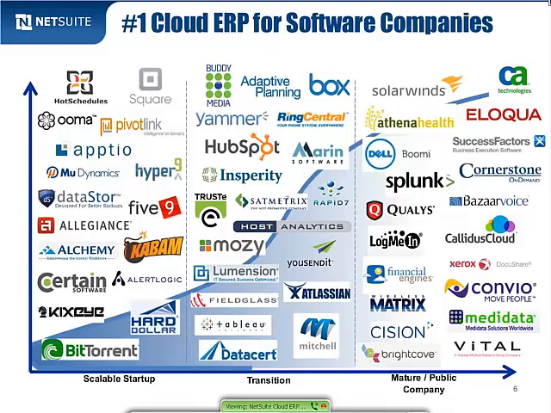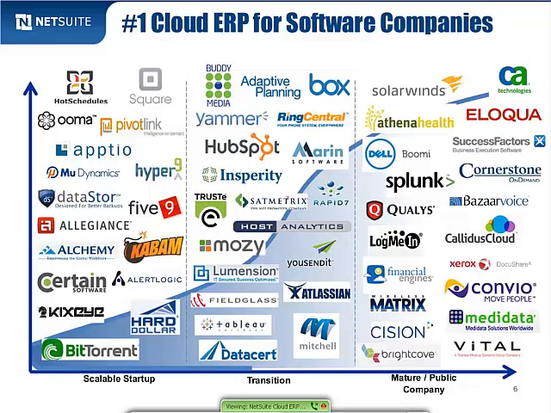NetSuite is the #1 choice for modern software and high-tech companies of any size, with well over 800 software companies running their business on NetSuite today. From disruptive startups like Square and Airbnb to companies that have successfully transitioned from startup mode to becoming a mid-market leader, companies like Box and HubSpot, to larger, more mature organizations such as CA Technologies.